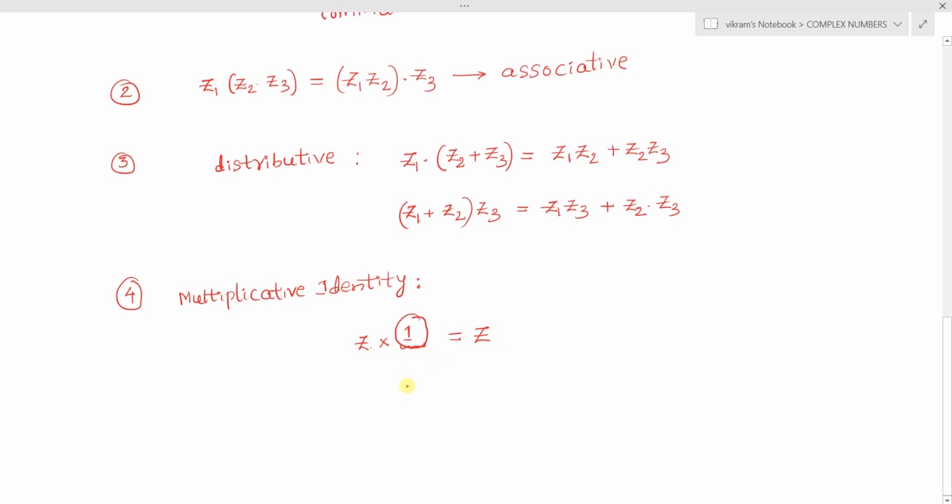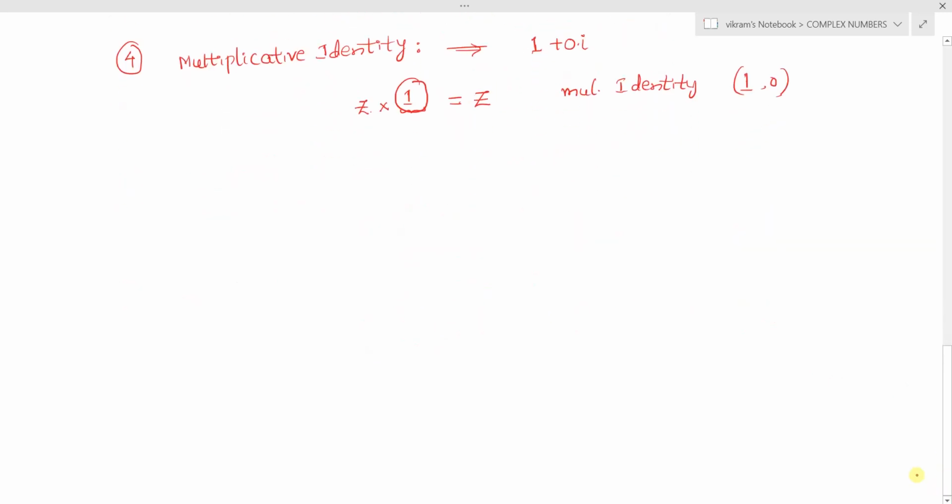So the multiplicative identity of a complex number is 1, nothing but 1 plus 0i. In ordered pair form, the multiplicative identity can be written as (1, 0).